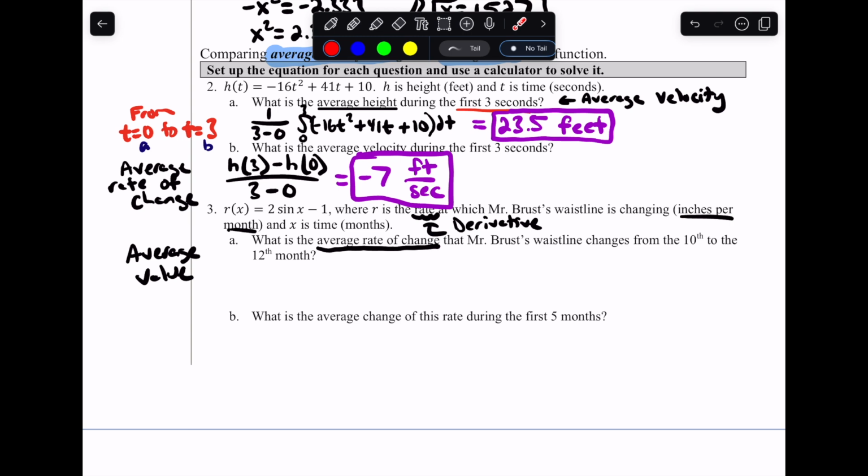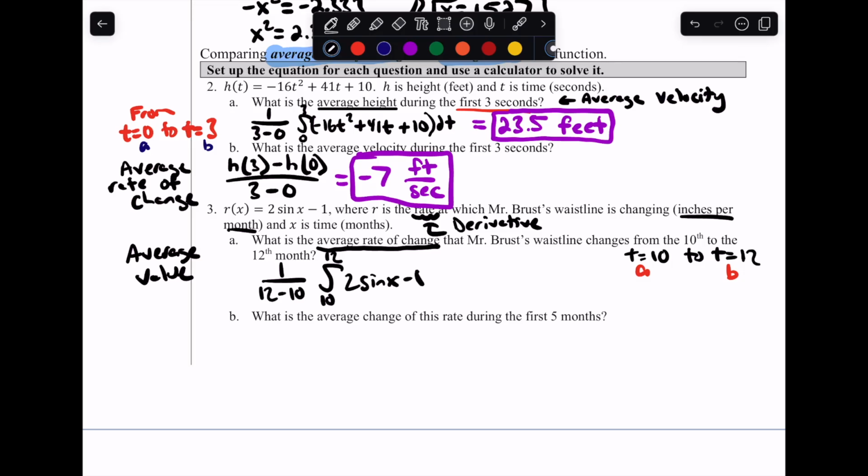In this case, we're going from t equals 10 to t equals 12. That is going to be the a and the b in my average value equation. This is going to end up being 1 divided by 12 minus 10 times the integral from 10 to 12 of our r of x equation, 2 sine of x minus 1, with respect to x, so that dx here.